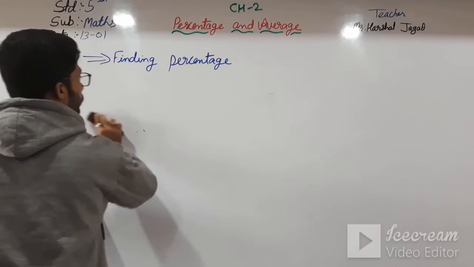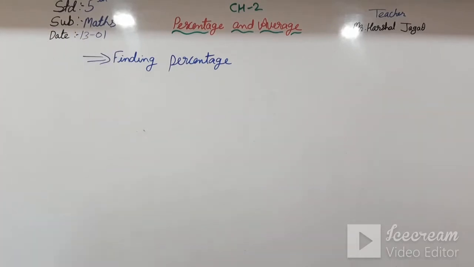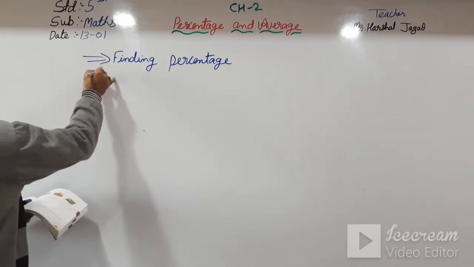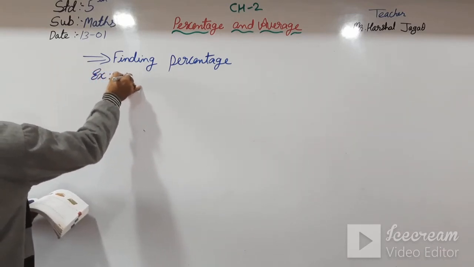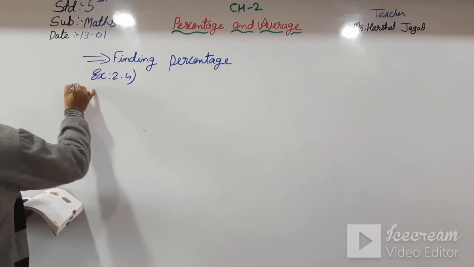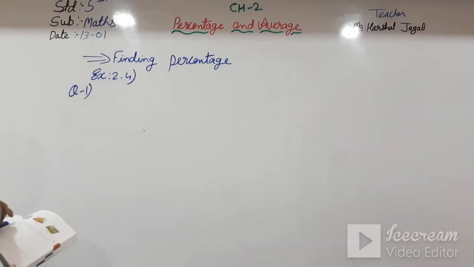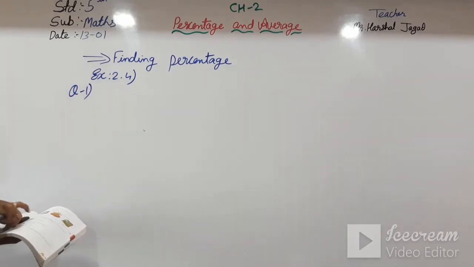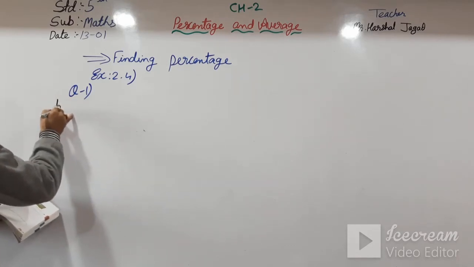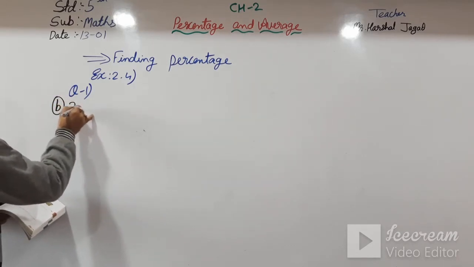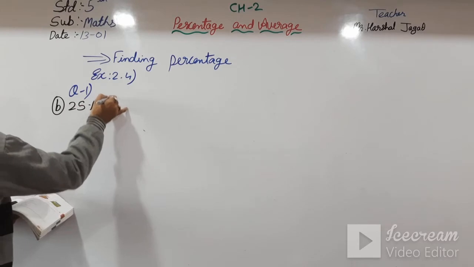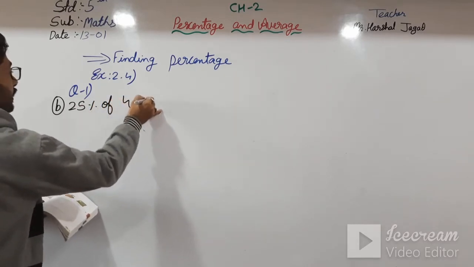Students, in exercise 2.4, question number 1, we will do any 3. First of all, writing the question B, that is 25% of 4 kg.